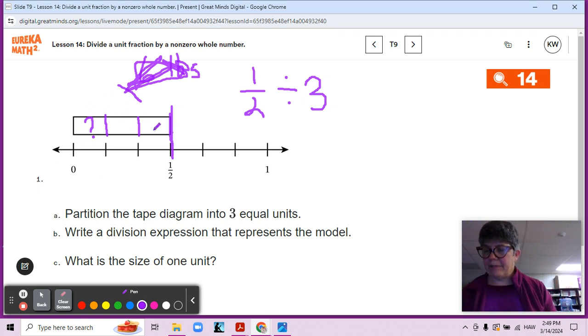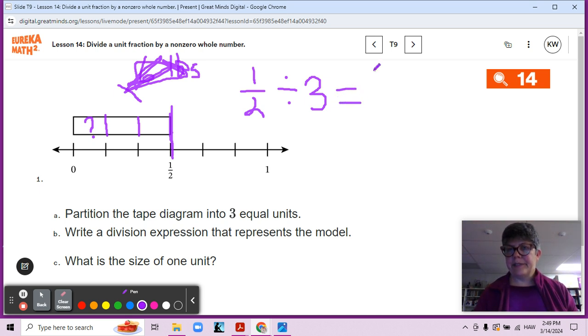What is 1/2 divided by 3? And how do you know? Okay, so 1/2 divided by 3 is equal to 1/6. And we know because when we look at our number line, the total 1 has 6 parts. 1, 2, 3, 4, 5, 6 parts.